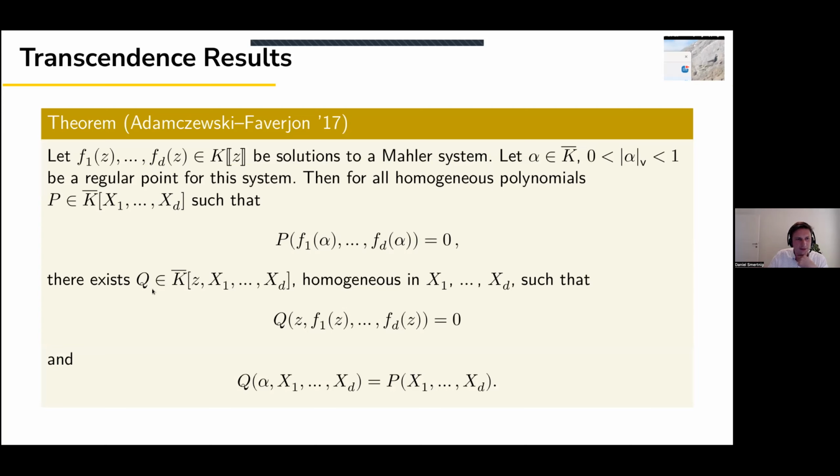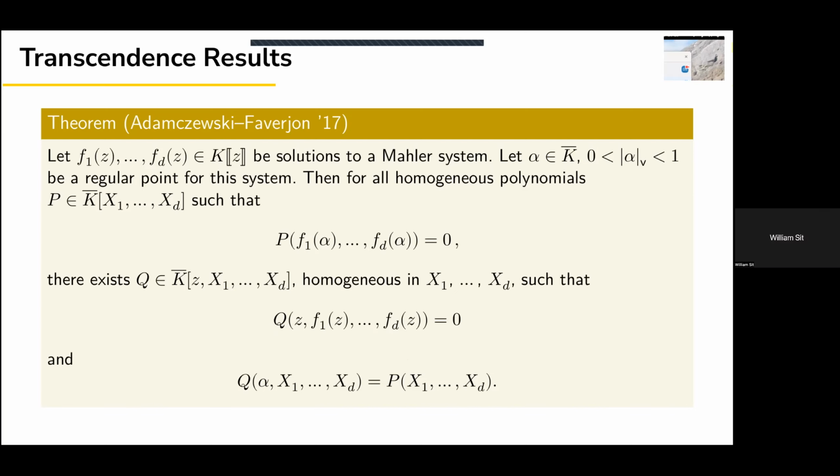More specifically, there exists a polynomial in the variables z and x1 through xd, which is homogeneous in x1 through xd, so that the power series satisfy this polynomial. And if you specialize for z equal to alpha, you get back this relation at the point alpha. So not just does a dependence lift, but it lifts in a specific way.